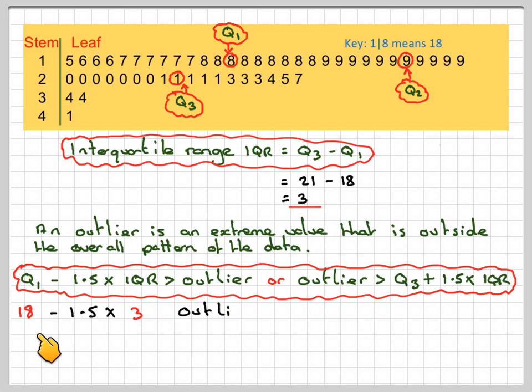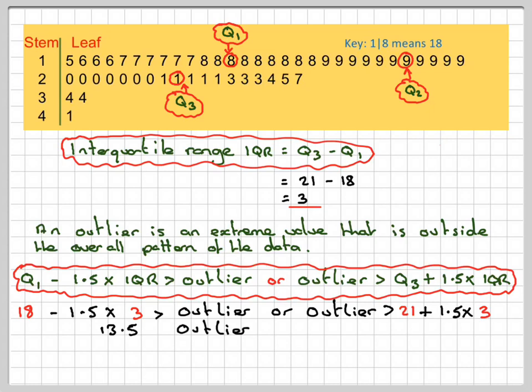In our case, that's 18, because the lower quartile was 18, minus 1.5 times 3. Any value less than that will be considered an outlier. Or the outlier can be greater than 21 plus 1.5 times 3.